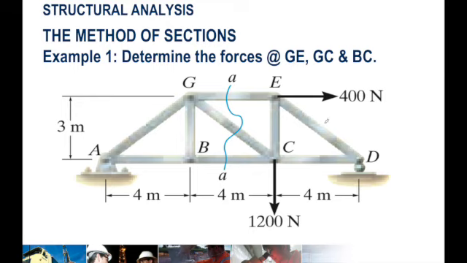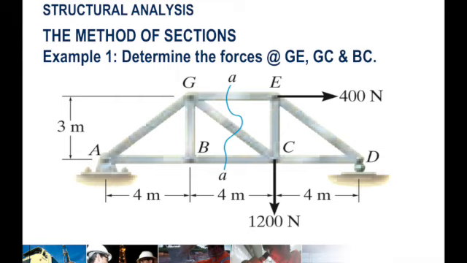You can easily do it by method of joints, but our lesson now is method of sections. So we pass a plane AA, the middle of the truss, and we determine, always, the first step is to determine external reactions.